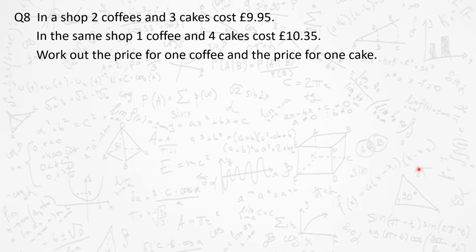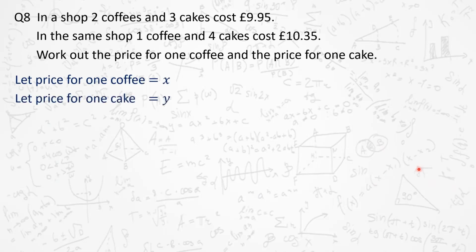Okay, start with, we need to set our equations up with our variables. So I will let price for 1 coffee equals x, then let price for 1 cake equals y. From the first sentence, 2 coffees and 3 cakes cost £9.95.